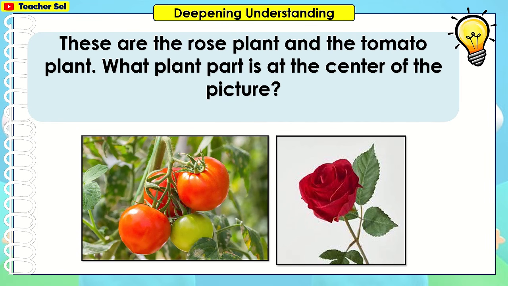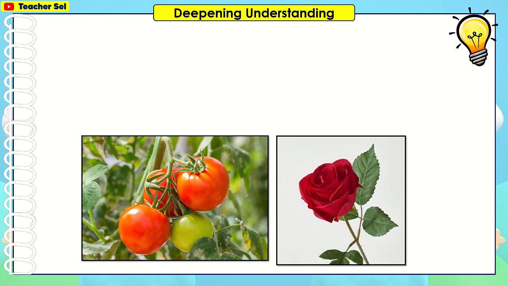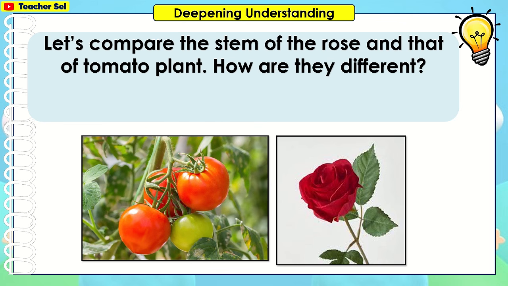These are the rose plant and the tomato plant. What plant part is at the center of the picture? The stems. Let's compare the stem of the rose and that of tomato plant. How are they different?